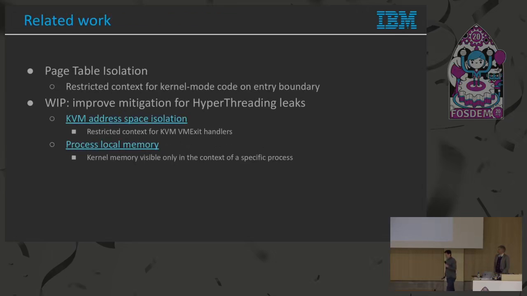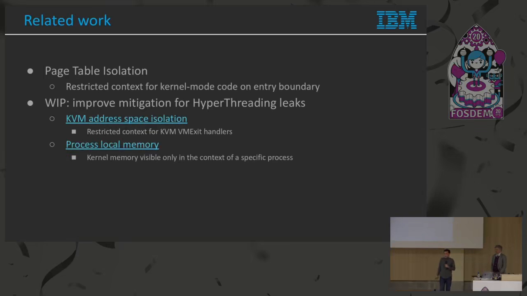There is similar work that's been done. Some of it is already there. All of you probably know that as a result of the Meltdown vulnerability, the Linux kernel started using restricted address spaces for the first time, which is page table isolation.